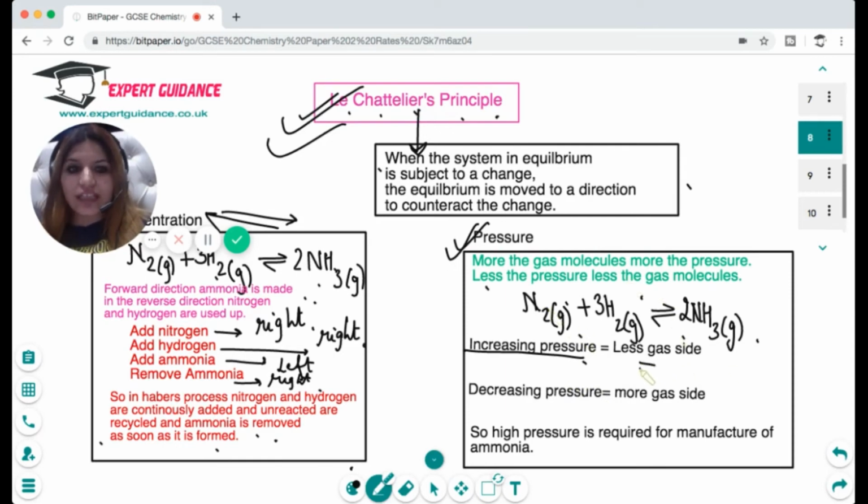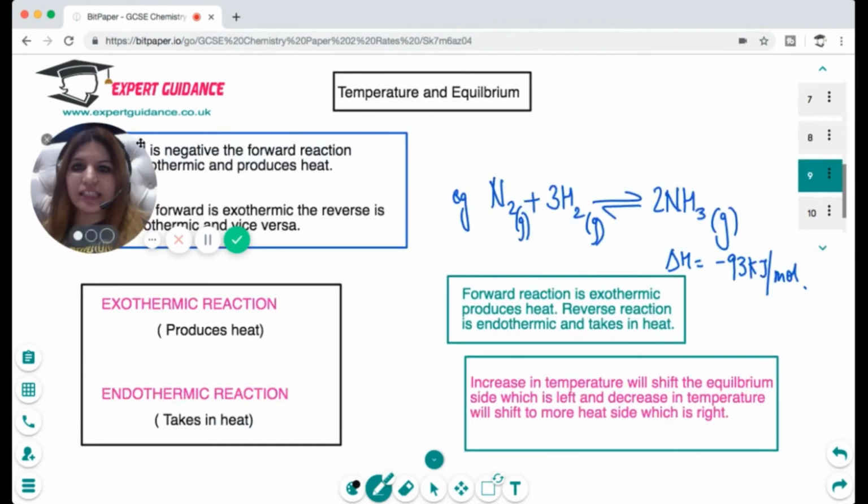And which is the less pressure side? To the right. On the other hand, if you decrease the pressure, the system will do the opposite. It will increase the pressure, so move the reaction to the more gas side, which is the left. So high pressure is required for the manufacture of ammonia. Okay, so I hope this is clear to you.